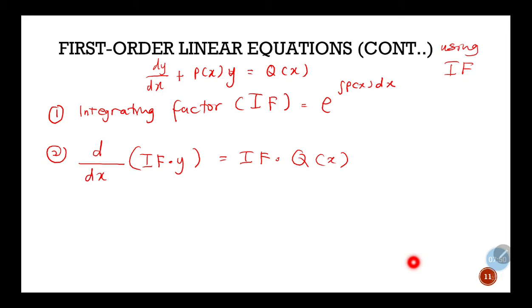So this is also why you must know which one is p(x) and which one is q(x). And the third step is to integrate both sides.